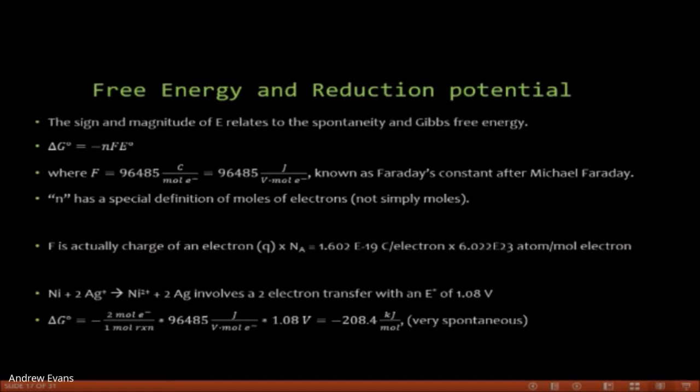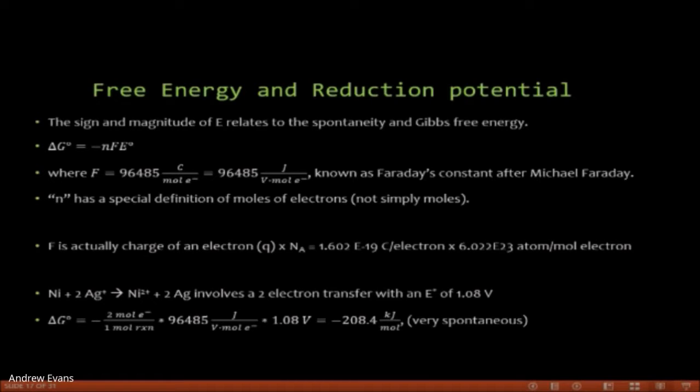Basically, you will take those 2 numbers, those 2 E cells, and subtract the oxidation from the reduction. So you will take the one that appears identically and subtract the one that appears inverse from the other. And that's how we calculated the E cell.